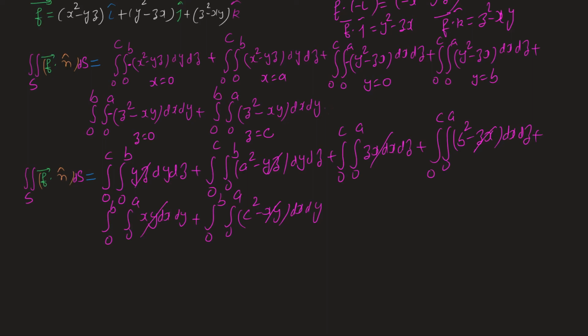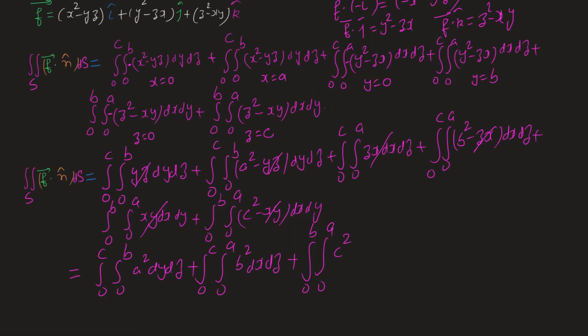Ultimately we are left with integral 0 to c, 0 to b, a square dy dz, plus 0 to c, 0 to a, b square dx dz, plus 0 to b, 0 to a, c square dx dy.